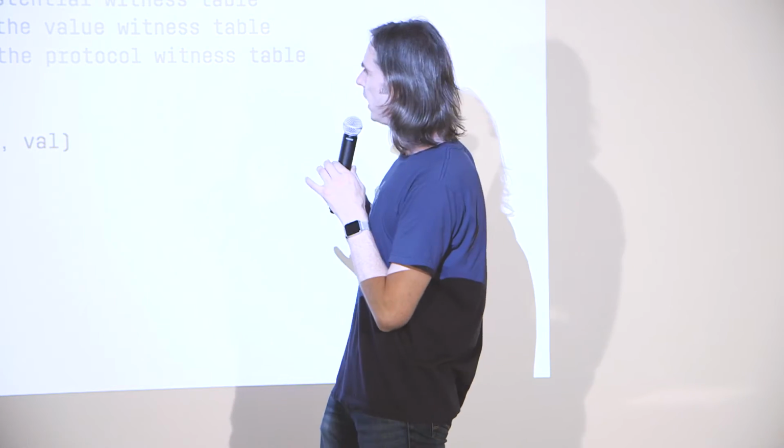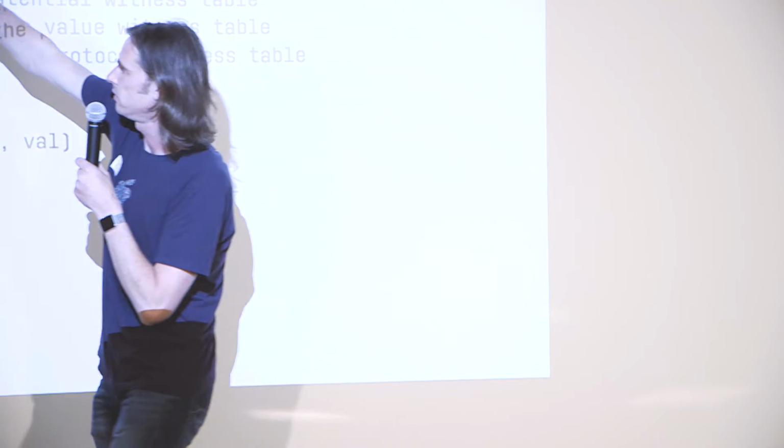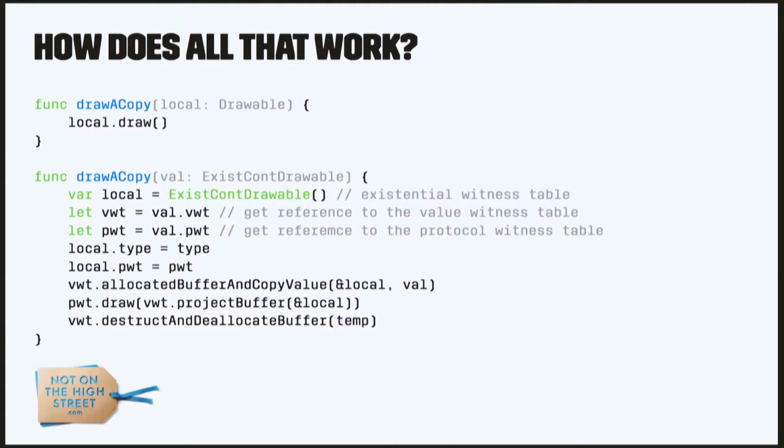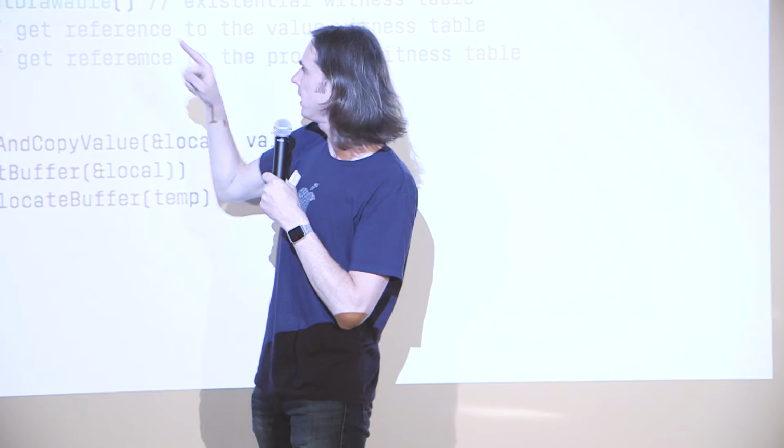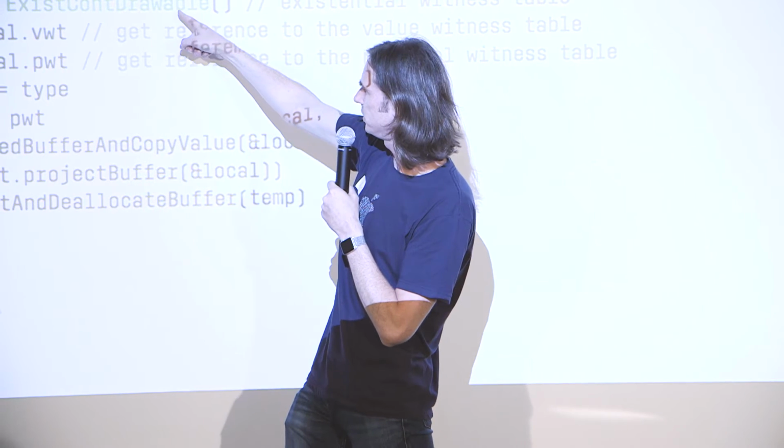When you look at how that all works, this function here is what you write. You have a protocol Drawable. You want to call draw, which is a method on that. So you just do that. The compiler can't just do a direct invocation on that object. It has to do this. It has to get a reference to the right existential container.